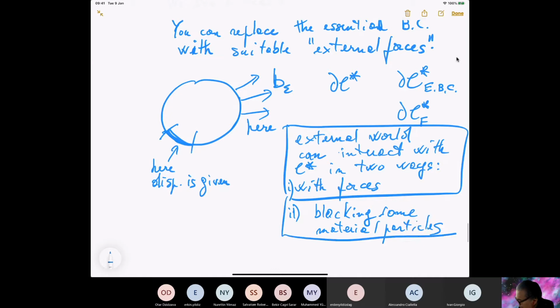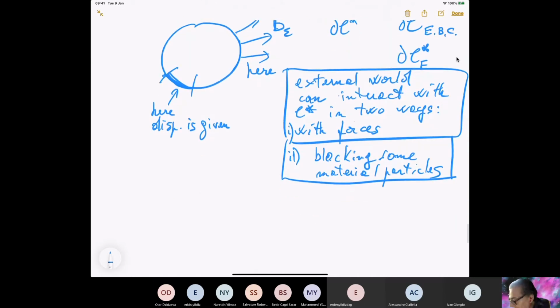So we have a kind of Dr. Jekyll and Mr. Hyde, okay?